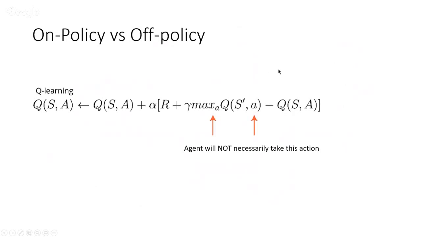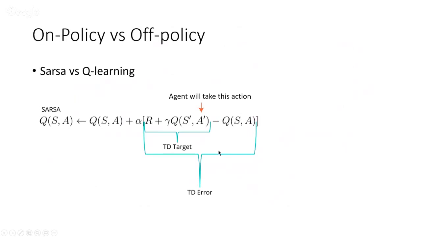Since it's an epsilon greedy policy, it could be the same action or some other action, but there is no guarantee. That's why this is called off policy: it's updating with a different policy than the actual action taking policy, whereas the other is called on policy.